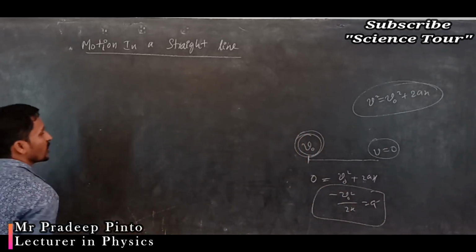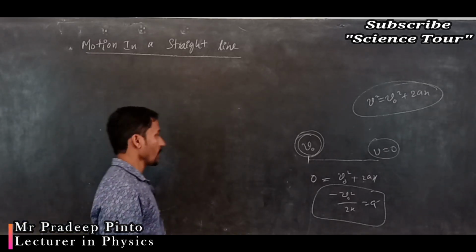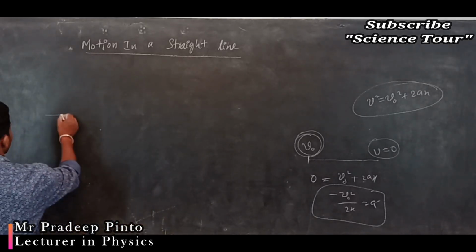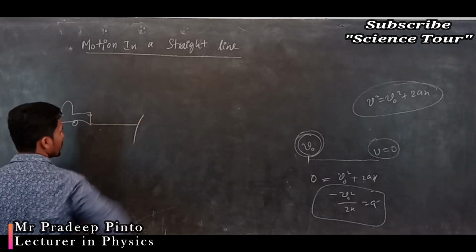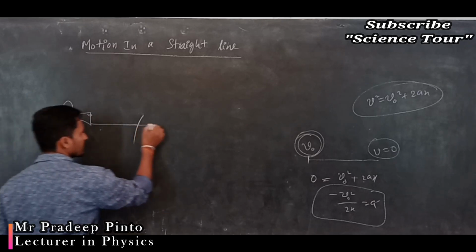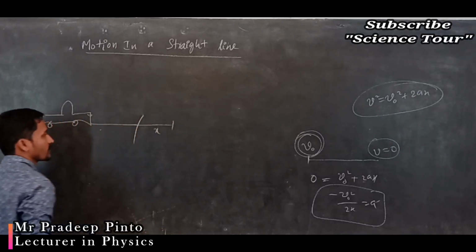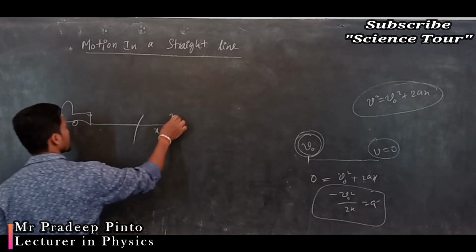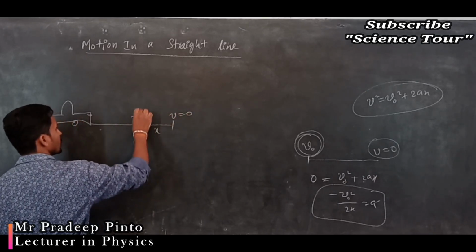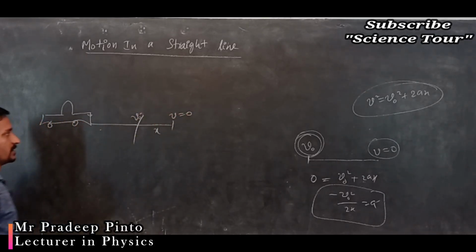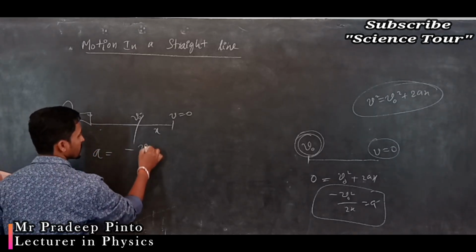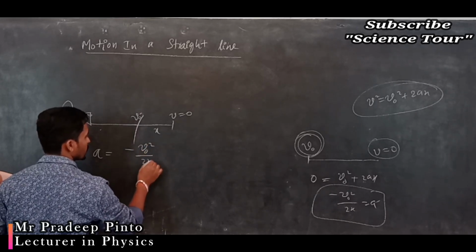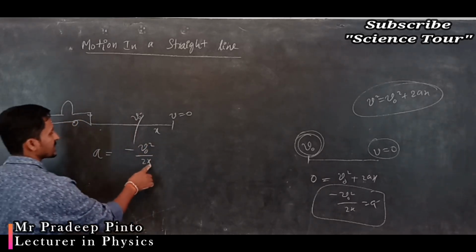And here we are going to talk about the stopping distance, and some other things. So now a car is there, brakes are applied, but it will move a certain distance x, and its initial velocity was v naught, and final velocity becomes 0. Now acceleration is equal to minus v naught square divided by 2x, where x is the distance.